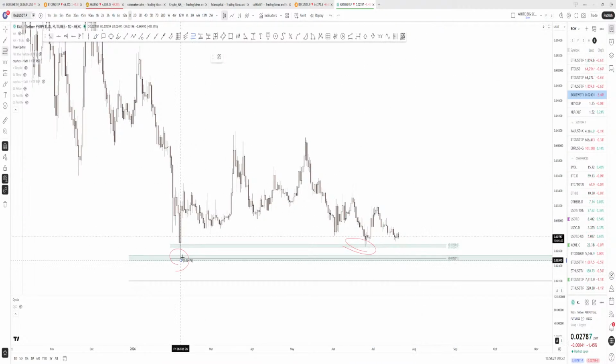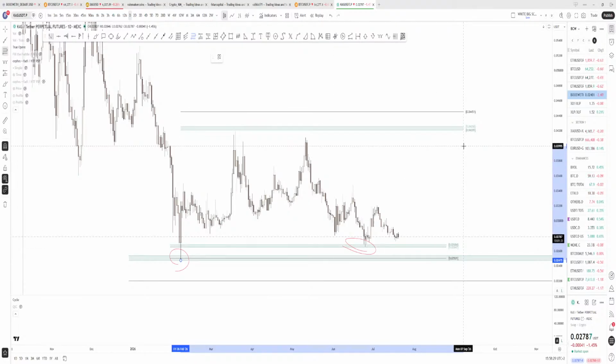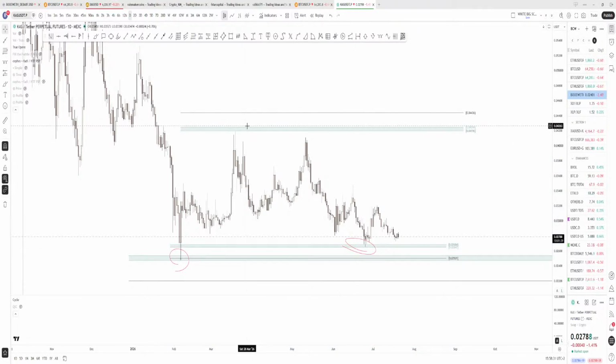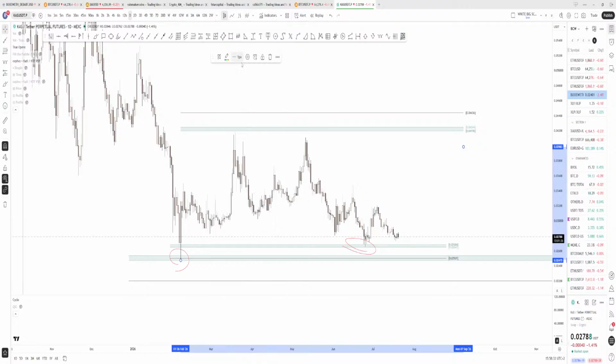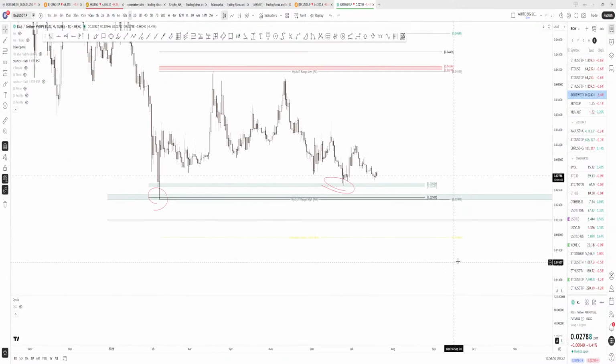In terms of this, I want to apply another thing here. This, and then we would also apply this as the possible down target, which sits at 0.01974.